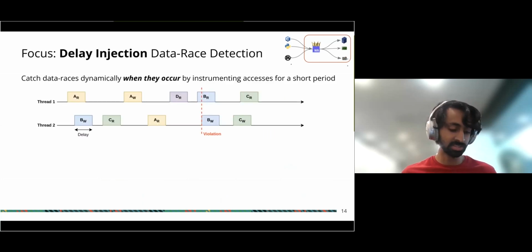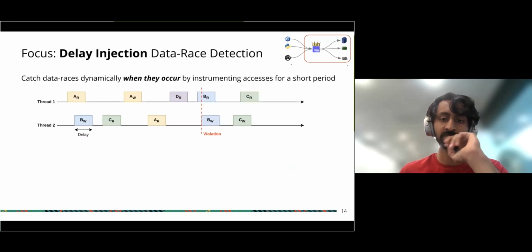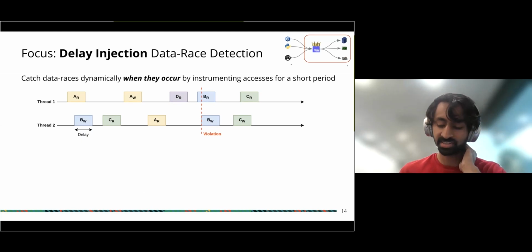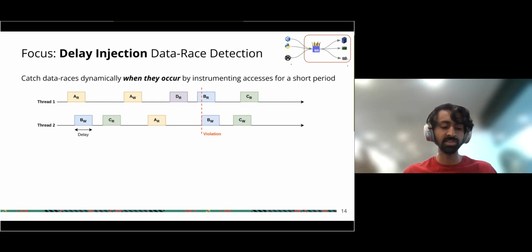So my focus on data race detection has been on one specific type called delay injection. The way this works is actually not to do anything statically or determine ordering dynamically, but rather to let applications run and detect data races when they occur by having a short probing window during which you look for concurrent accesses.